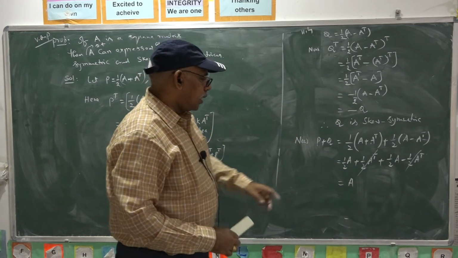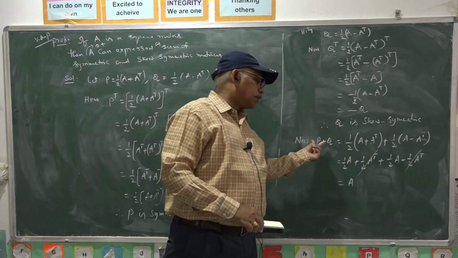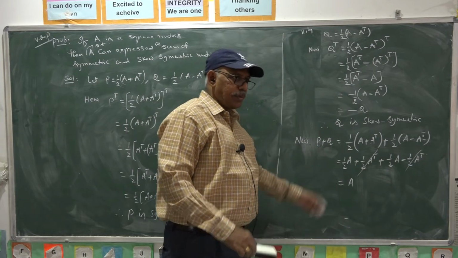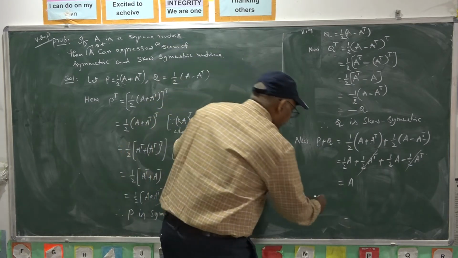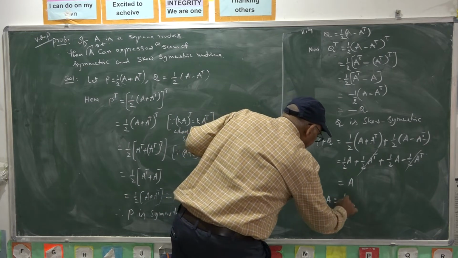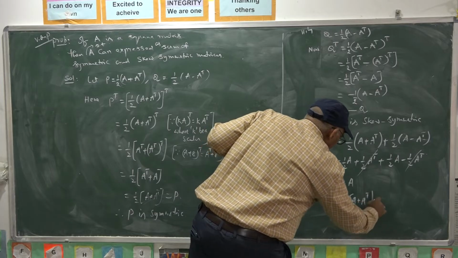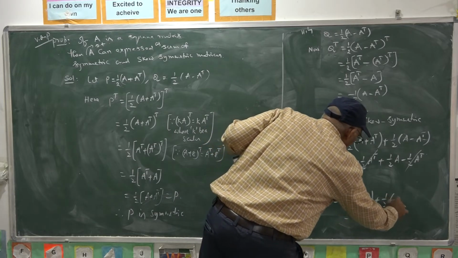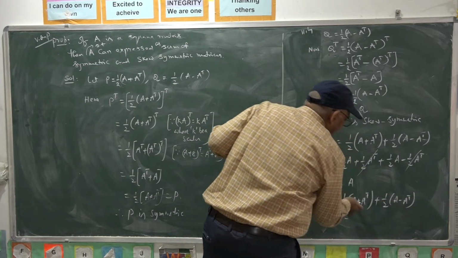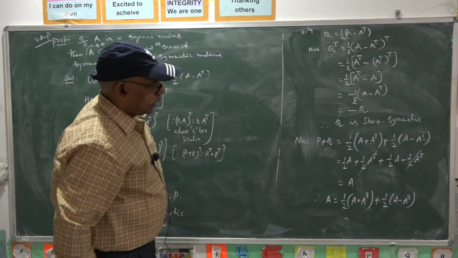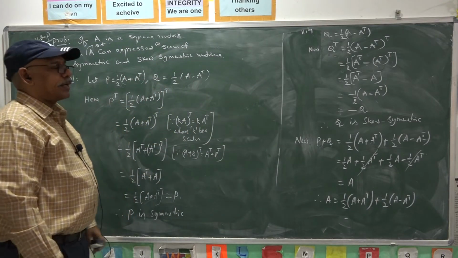Now, A can be expressed as the sum of a symmetric and a skew symmetric matrix. Therefore, A may be expressed as half into A plus A transpose plus half into A minus A transpose. This is symmetric and that one is a skew symmetric matrix.